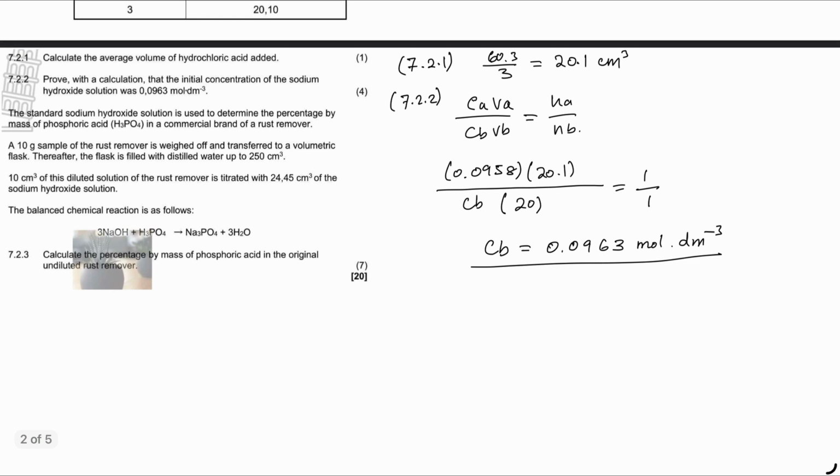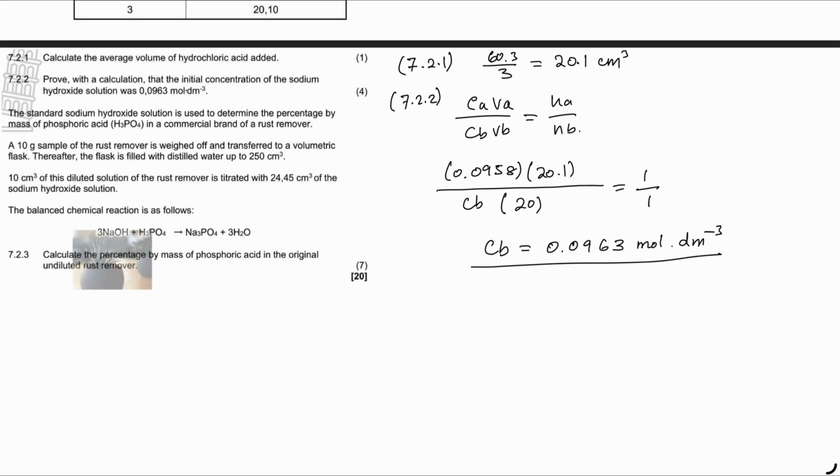Now, the standard sodium hydroxide is used to determine the percentage by mass of phosphoric acid in a commercial brand of rust remover. A 10-gram sample of the rust remover is weighed off and transferred to a volumetric flask.